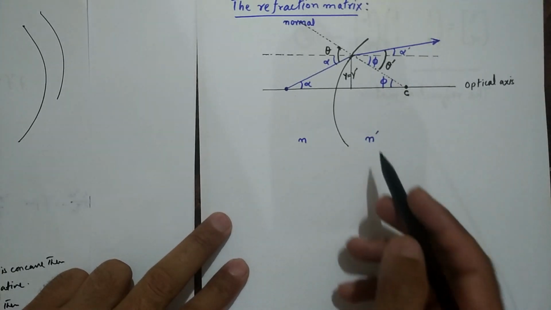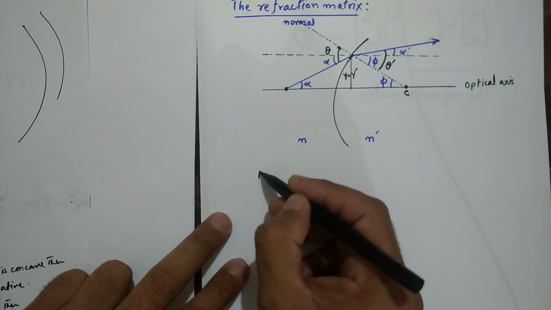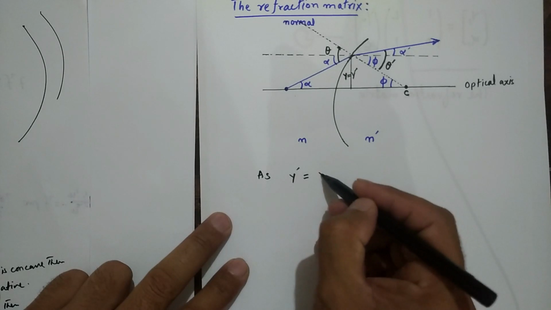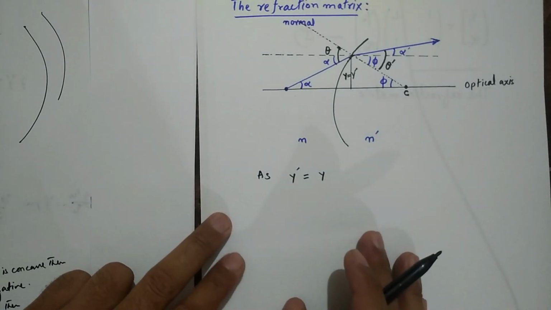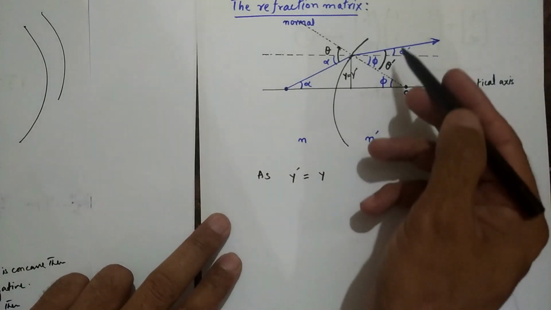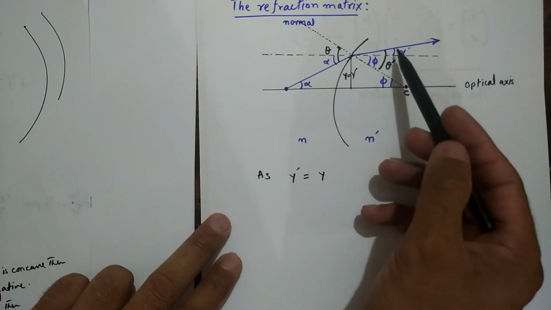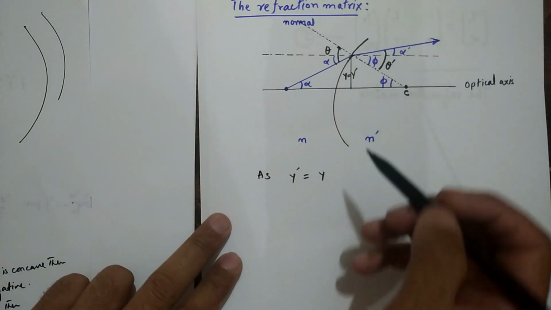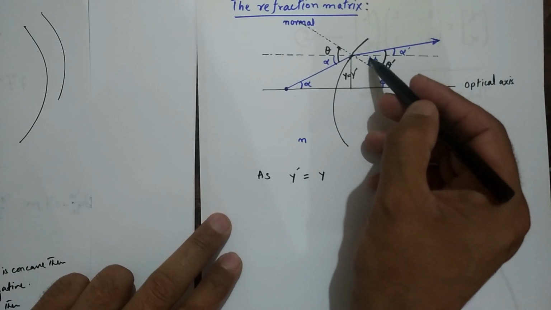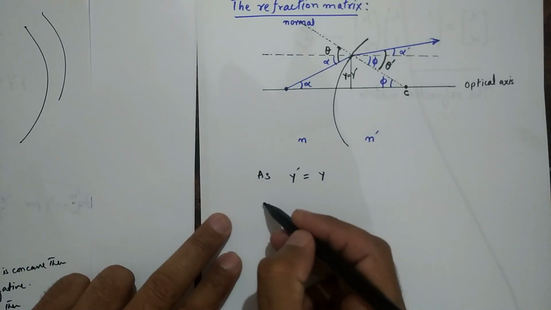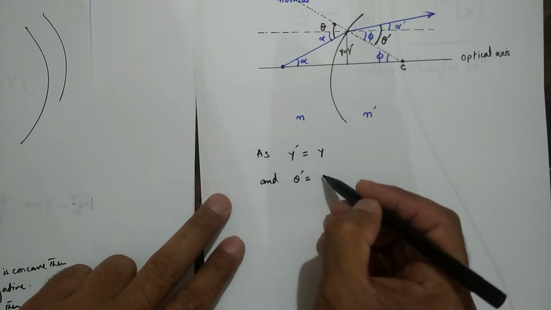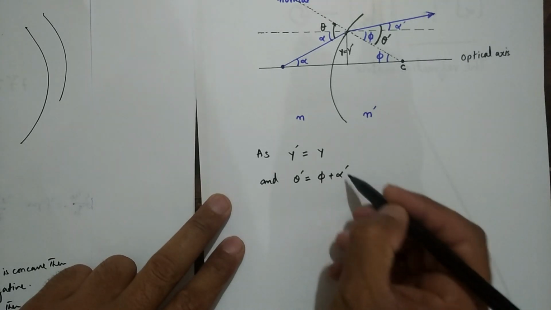From the figure, as y prime is equal to y, there is no change in the elevation, and the angle alpha prime, which is the angle of the refracted ray with the optical axis, you can see from the figure that theta prime is equal to phi plus alpha prime.